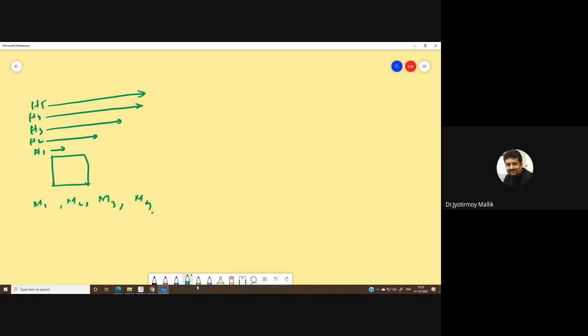While I'm increasing the strength of the external magnetic field, what is essentially happening is that all those magnetic moments are getting more and more aligned with capital H. Now if I plot a diagram, in the x-axis I draw capital H, and in the y-axis I draw M, which is magnetization.